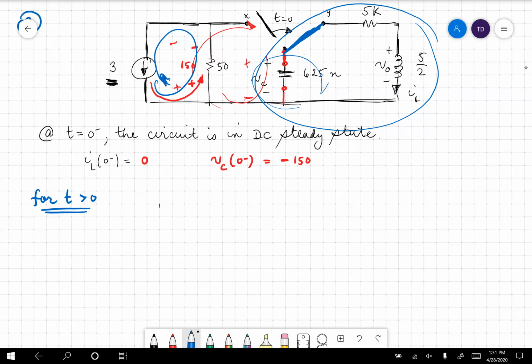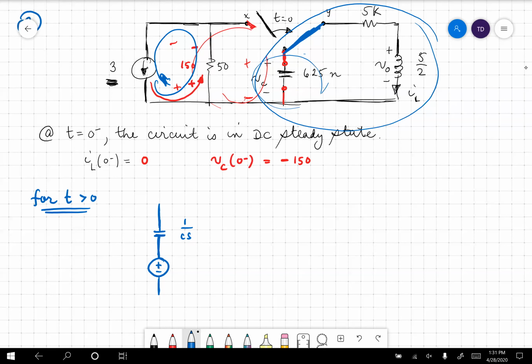We know the model for the capacitor, we have the initial conditions. So the model for the capacitor is a capacitor and the initial conditions. Do you remember the equation for the voltage source? What is the value of the voltage source? So we know, for example, this is going to be 1 over CS.